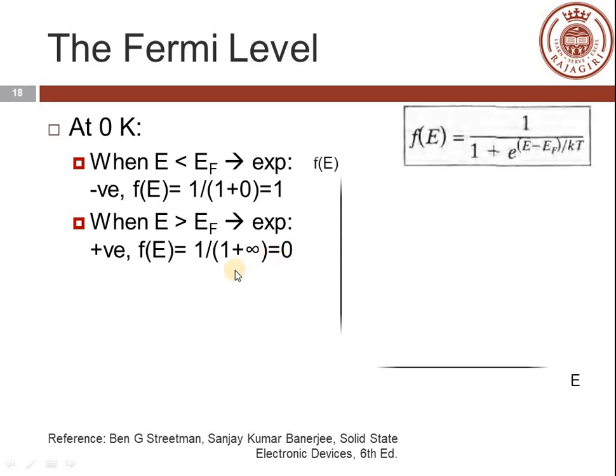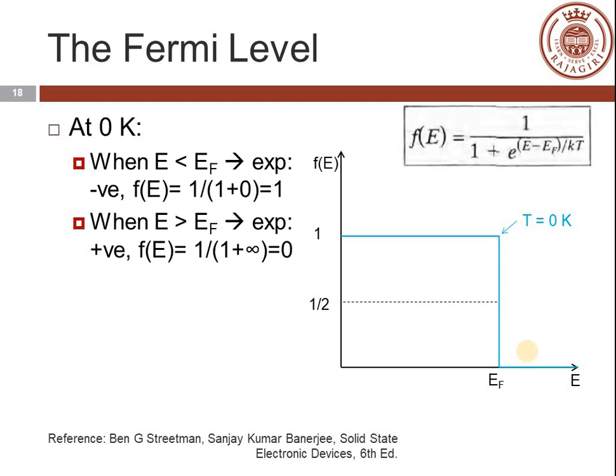So the meaning is this: if we plot f(E) against E, there is an energy level EF. Up to EF, the occupation probability is high, 1. That means there is a very high probability of states being occupied by electrons. Beyond EF, if E is greater than EF, the occupation probability is 0, that is, no probability that electrons will be filled.